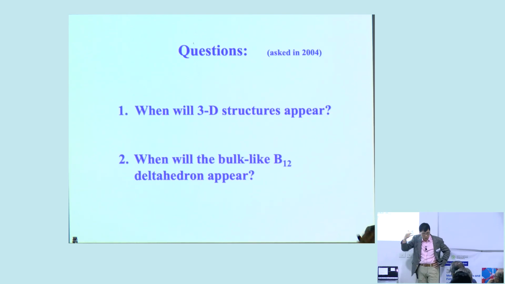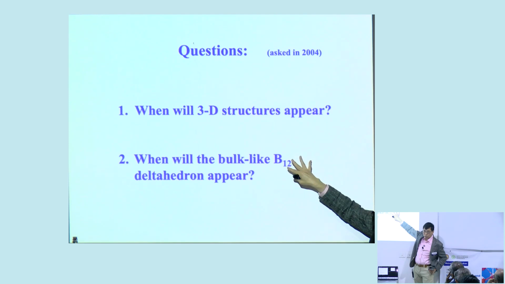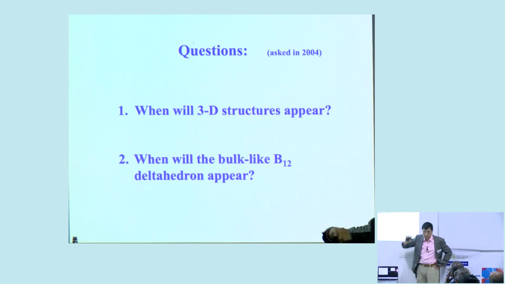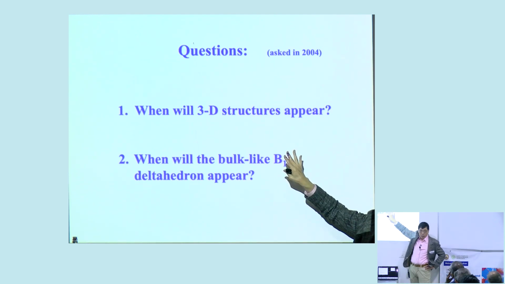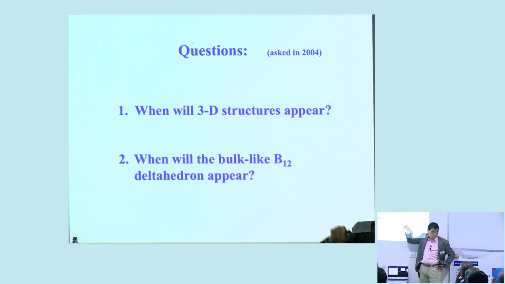The global minimum suggested for B80 already had this B12 unit, but what is the smallest size at which this appears? We know that as a function of size, eventually these clusters should become 3D, and this structure should appear.